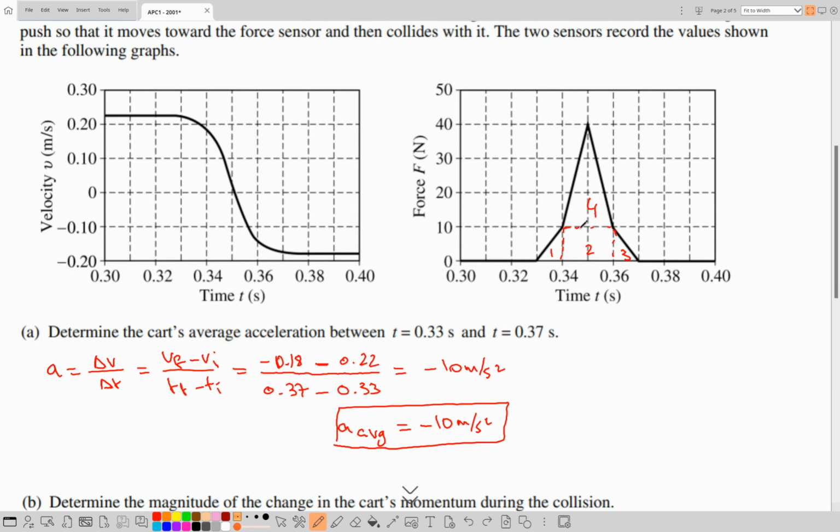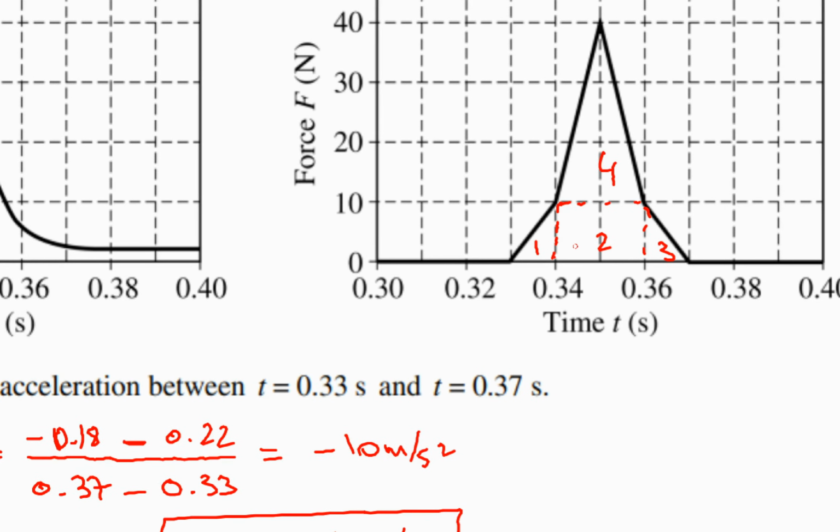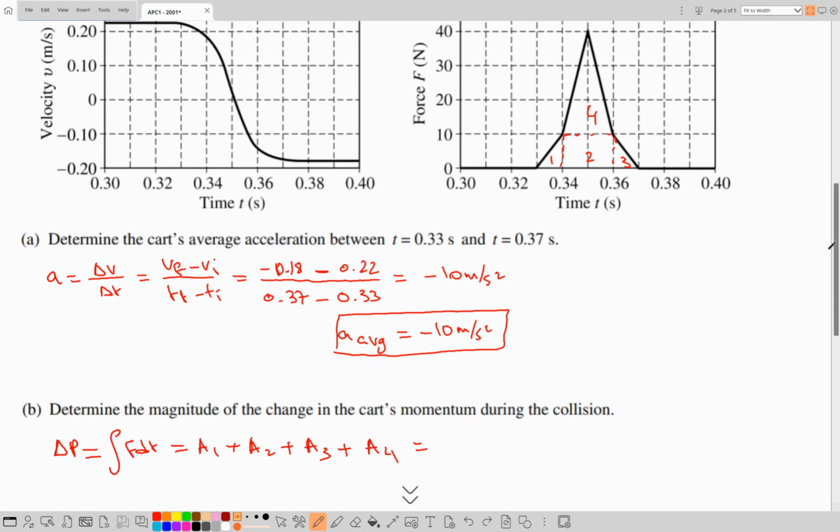The first area is a triangle, which is half base times height. The base is 0.01 and the height is 10.